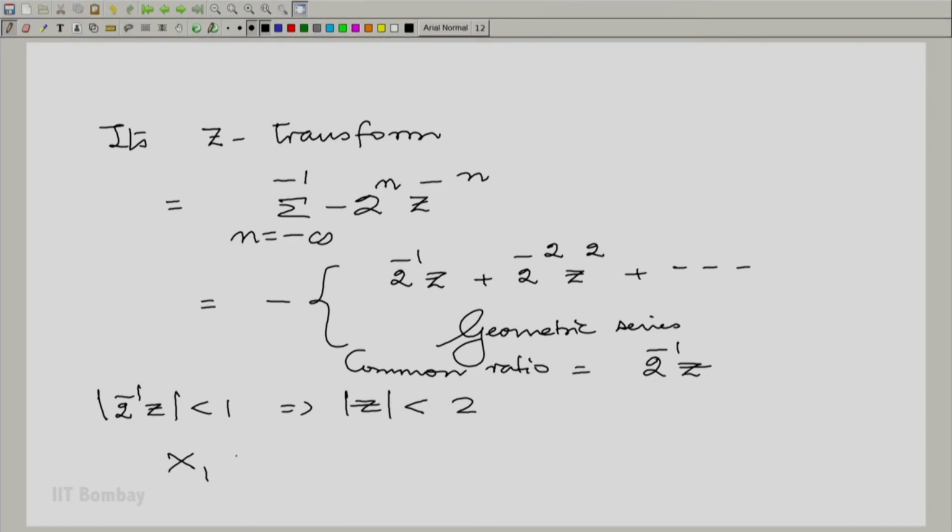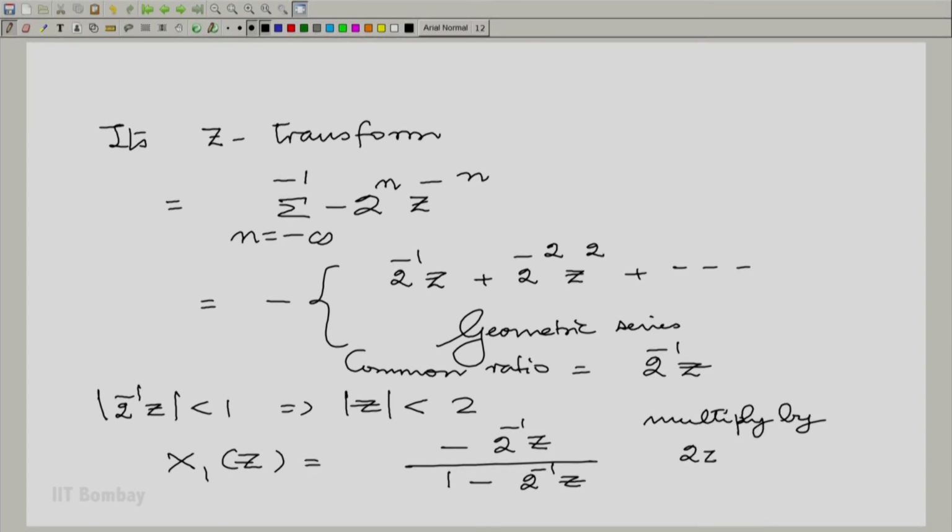So, x1 Z would then be minus 2 inverse Z divided by 1 minus the common ratio, and you can multiply by 2 Z inverse in numerator and denominator, and there we are.